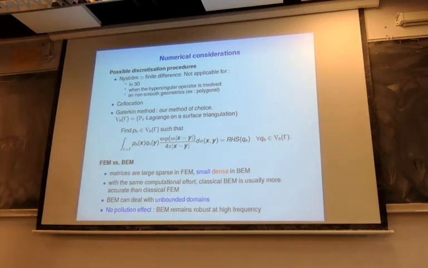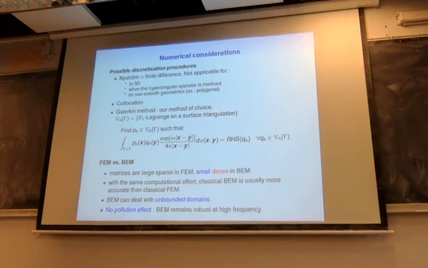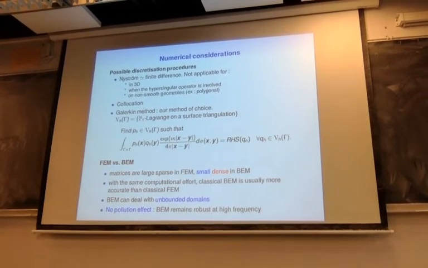This is the so-called pollution effect. And this does not really happen with BEM. You have to keep the quantity h, the mesh width, times frequency constant, and this should give the same level of accuracy.